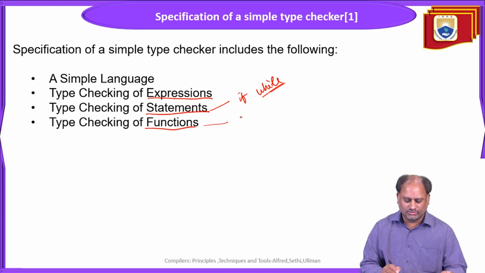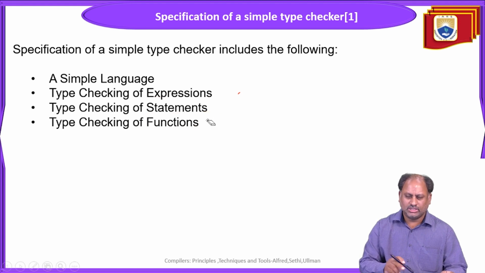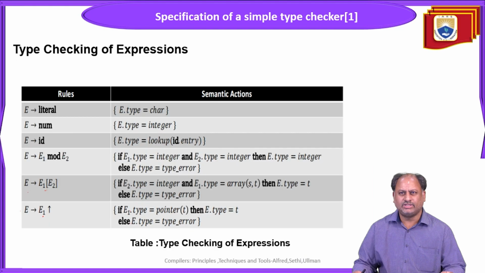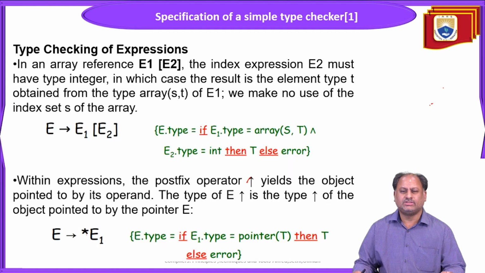So like this, E1 of E2, we have seen with various examples. The productions contain various rules which are defined for each statement, function, or expression. We have to write an equivalent set of semantic actions, and then we can easily check the type checking process for each of the defined entries. So that's why here we have seen various notations. These are the simple type expressions, that is array type and pointer type.